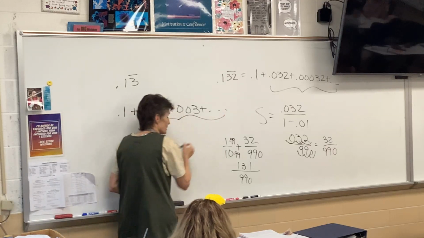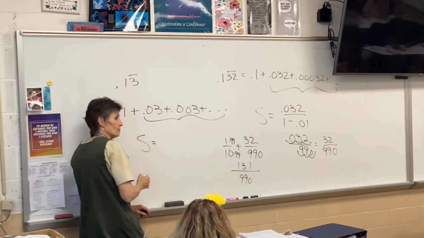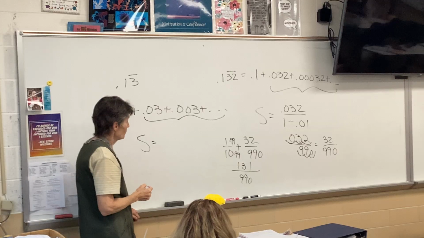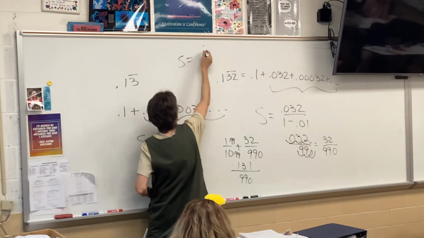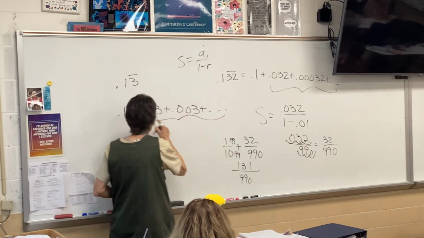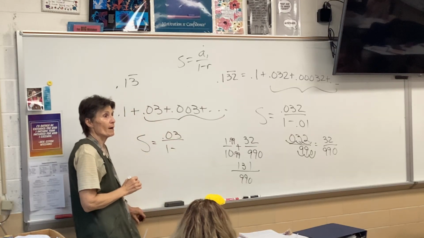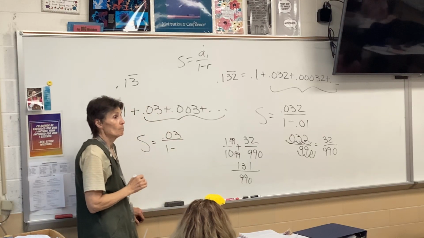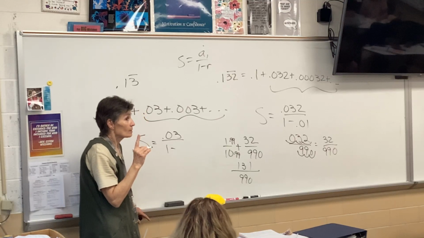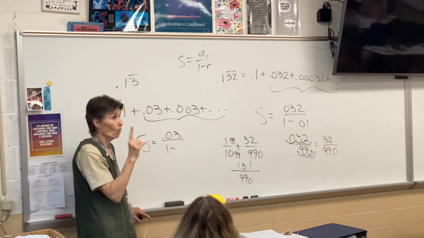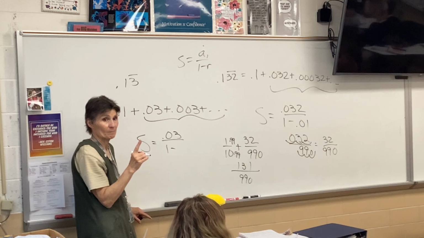This part is addable. What's our formula say? First term is 0.03. What's my ratio? Point what? One decimal place is repeating. 0.01.